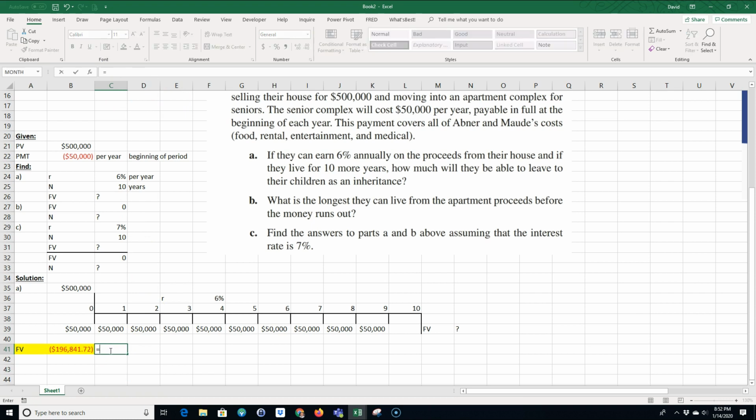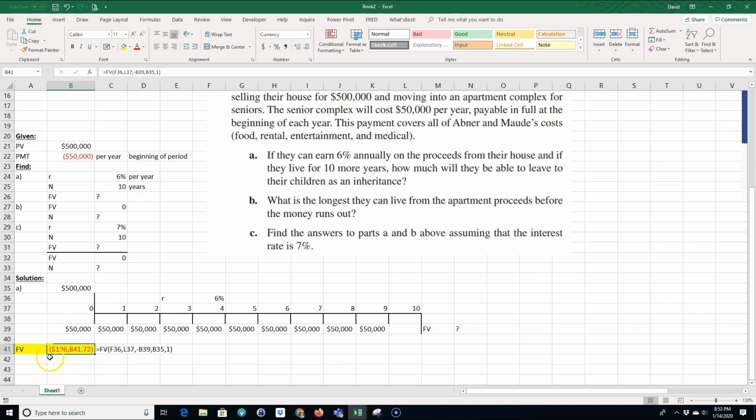Okay, so I'm going to put the formula in here. So that's how much you're going to have if you die right here, right at year 10, before you have to pay the additional $50,000 payment for year 11. That's how much you'd have to pay to make that $500,000 go away. $196,000.